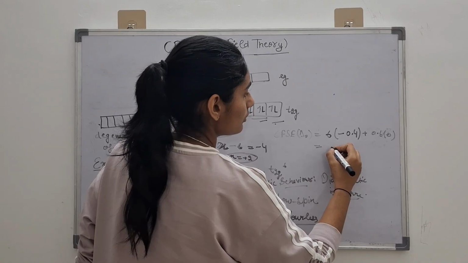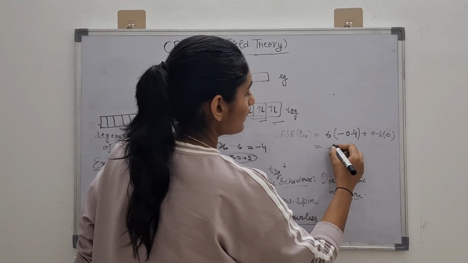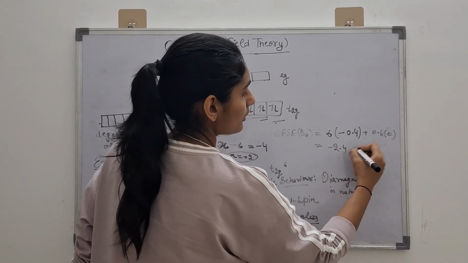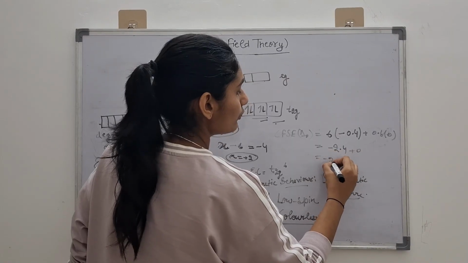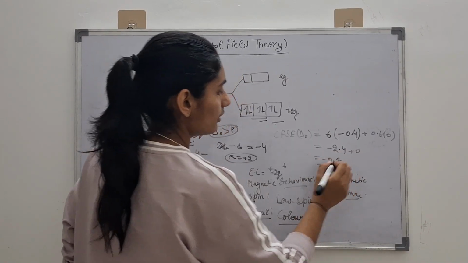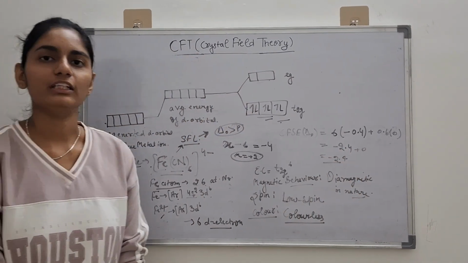So this is minus 2.4 plus 0. So overall minus 2.4 delta O is the CFSE of this complex. And this is the concept of CFT. Thank you.